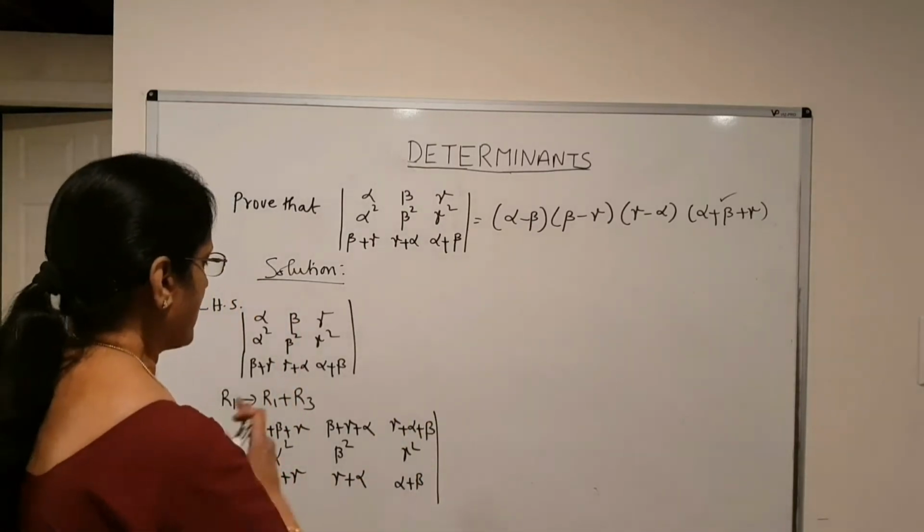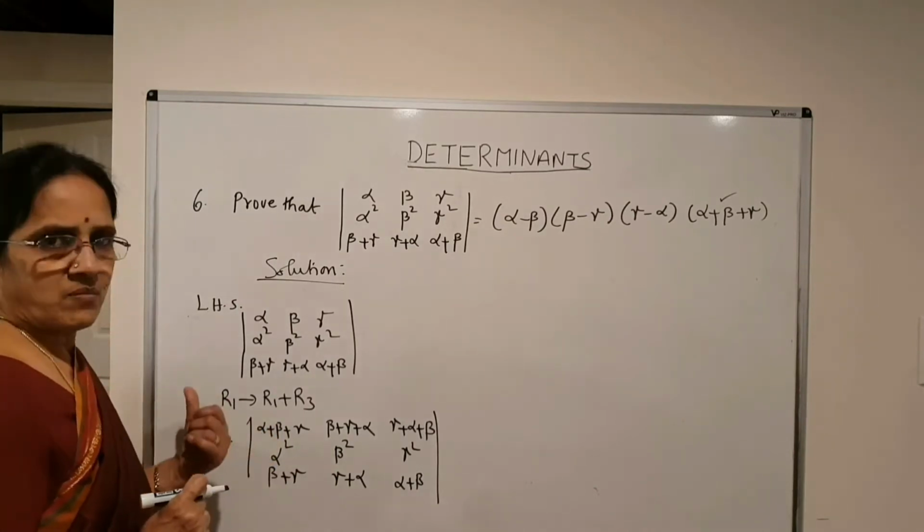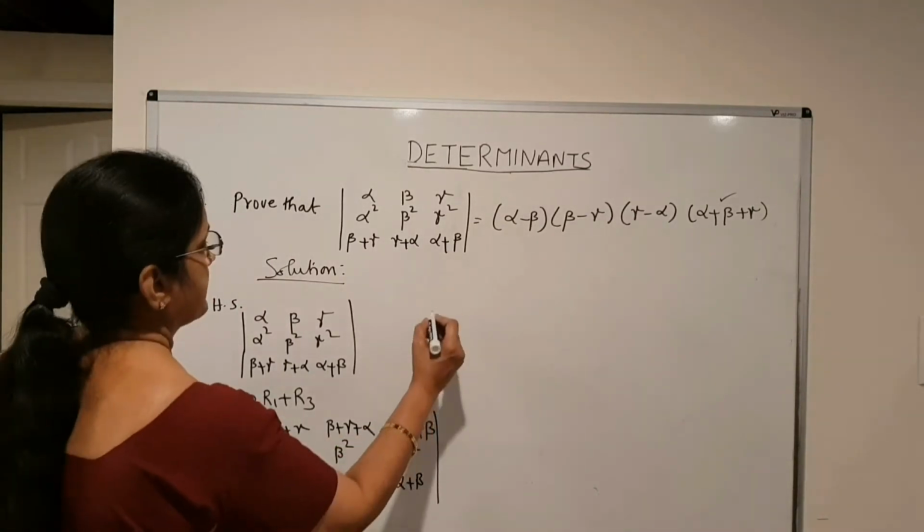Now, taking out alpha plus beta plus gamma from R1, what will I be getting?